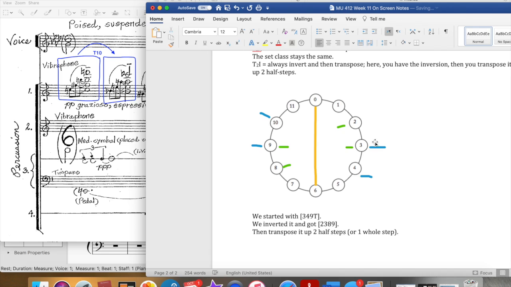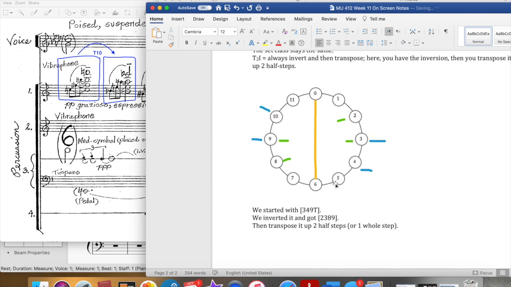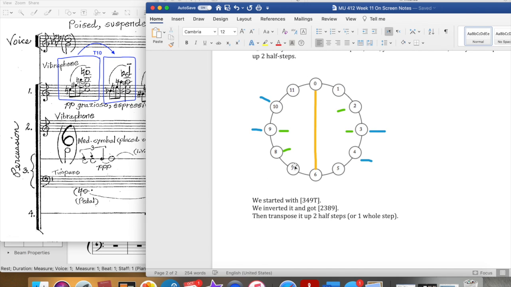So that means that everything would move 2 half steps. So 2 would move to 4, 3 would move to 5, etc. If you like thinking spatially, then I encourage you to draw one of these out and move stuff around on it. We'd already inverted it. We got 2, 3, 8, and 9.